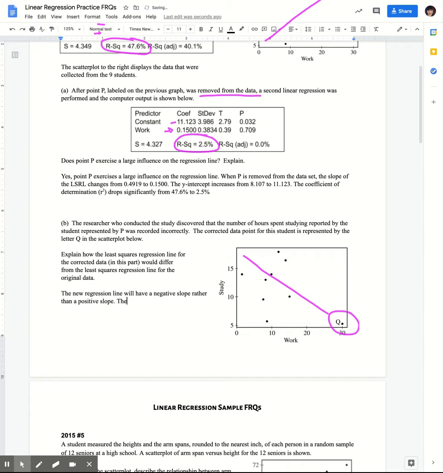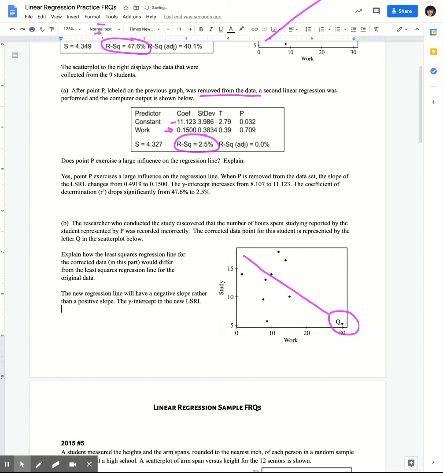So you would say the y-intercept in the new least squares regression line will be much larger for the corrected data set. And that's it for that one.